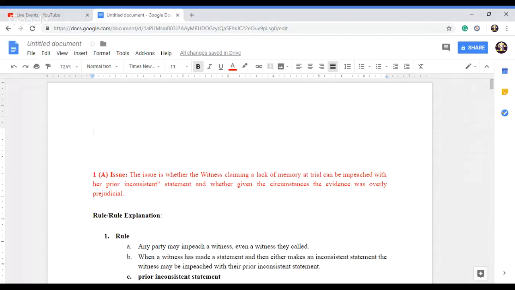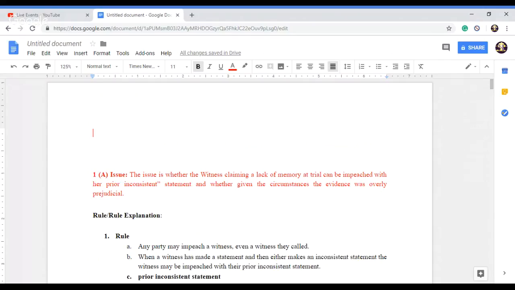But the prejudicial effect is going to be against the policy. The policy that we don't generally allow subsequent remedial measures in is because we want people to fix things. We want people to repair things and not have that evidence used against them to hold them liable for someone getting hurt.